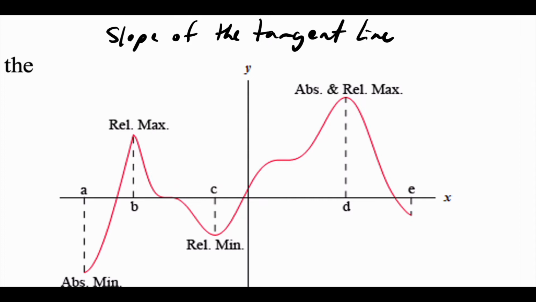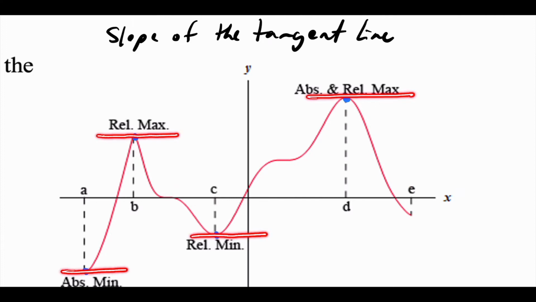So let's make dots there, at D, C, B, A. At all of those blue dots, if I was to find the slope of the tangent line, what would it be? Zero, yeah, zero. The tangent line would look like that.